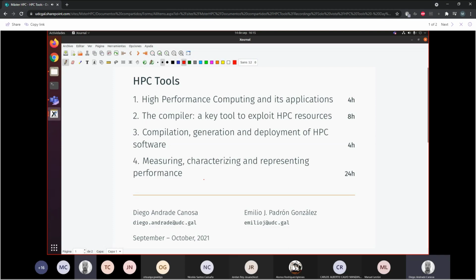And finally, for 24 hours, this is 6 classes, we are going to learn to use tools for measuring, characterizing, and representing the performance of an application in a computer, okay? And we are going to see 2 different worlds. The world of open source, okay?